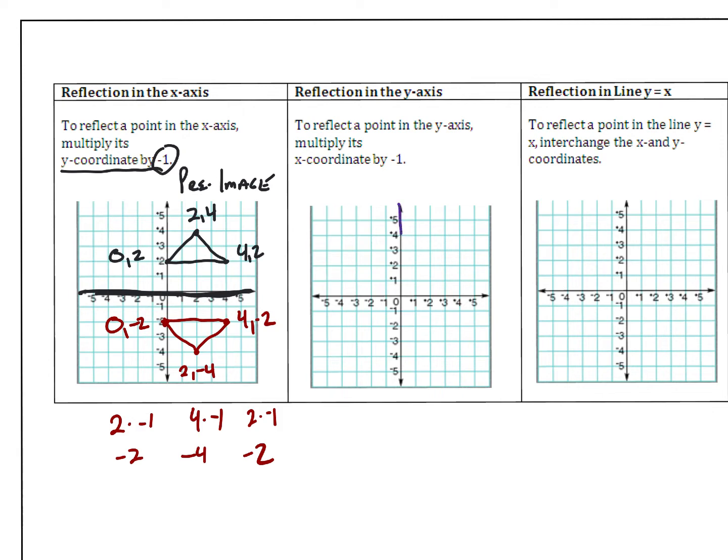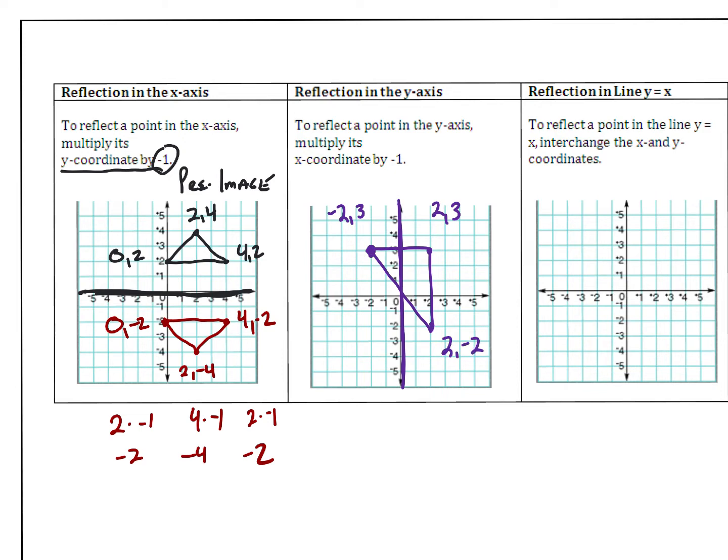For the y-axis, it's going to be a little bit different. I'm going to multiply the x-coordinates by -1. So let's say I've got a triangle such as this. This would be my pre-image. So I've got (-2, 3), I've got (2, 3), and I've got (2, -2).